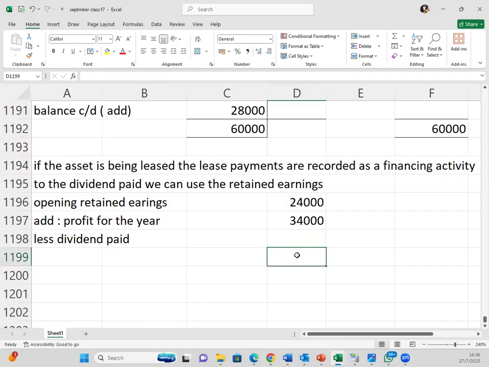So if you have the opening retained earnings, the profit for the year, and the closing retained earnings, we can work out the dividend paid. So that could be 24 plus 34. Then maybe we are told there is 55,000 for closing retained earnings.